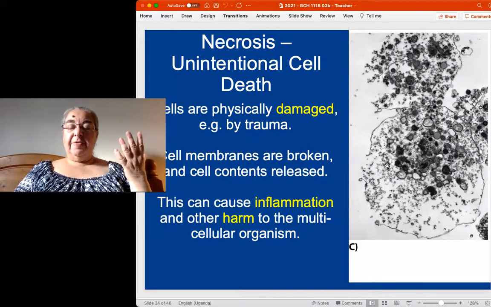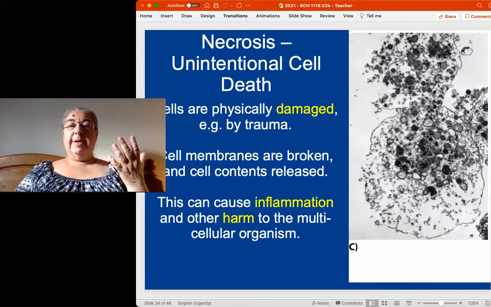And the inflammation itself, the immune responses themselves, can cause harm to the organism. Some of the cell contents that are being released might be things like digestive enzymes, which can then start to break down other proteins or the outsides of other cells.